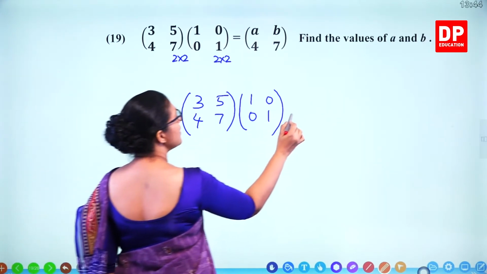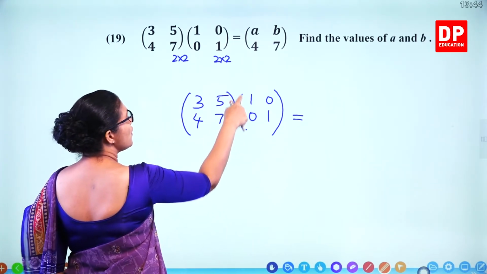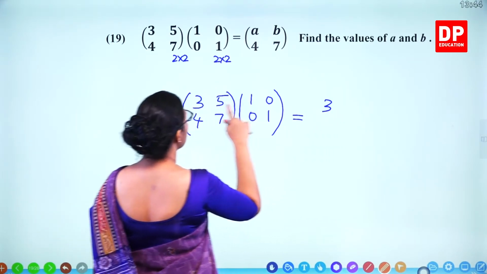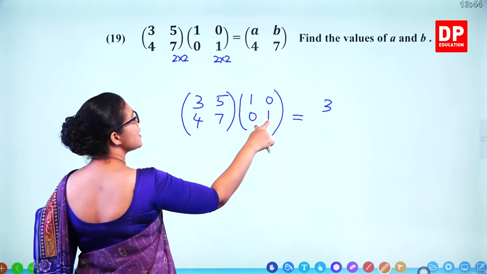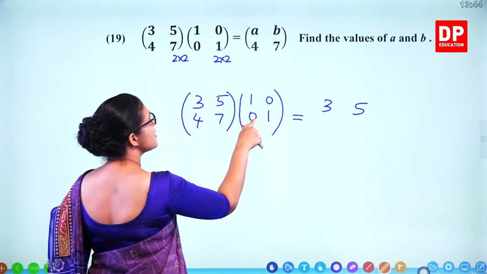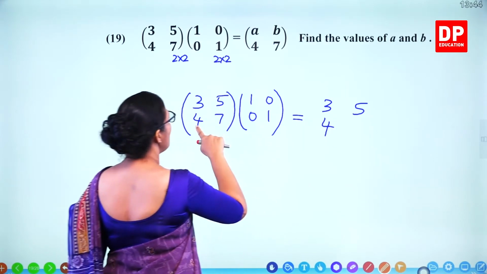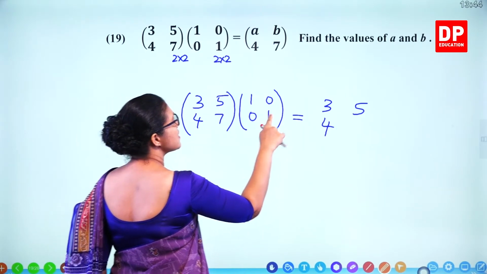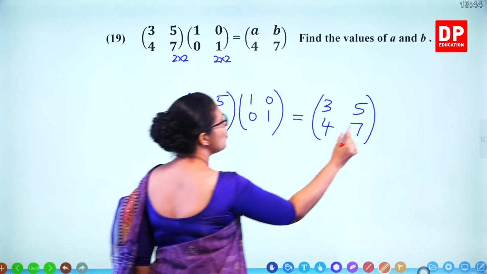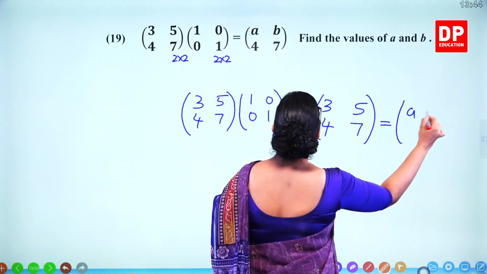But we'll show that. First row with first column. 3 times 1, 5 times 0. That's 3. 3 times 0, 5 times 1. That's 5. 4 times 1 and 7 times 0. 4. 4 times 0 and 7 times 1. That's 7. So this is equal to A B 4, 7.